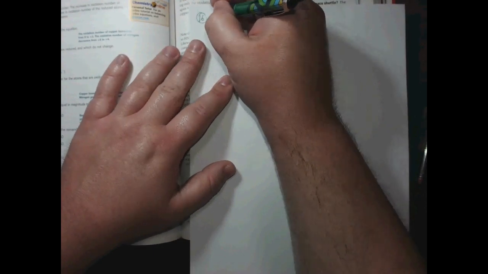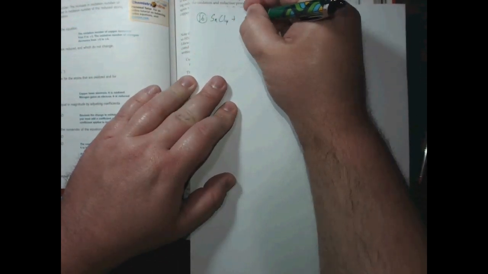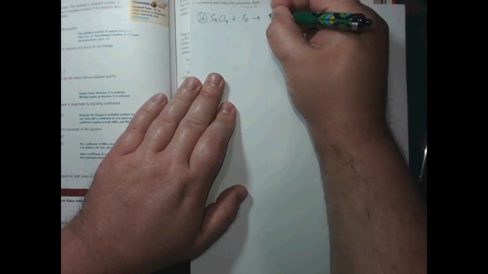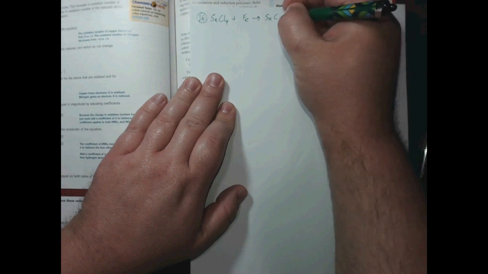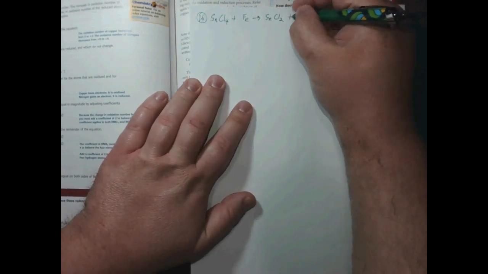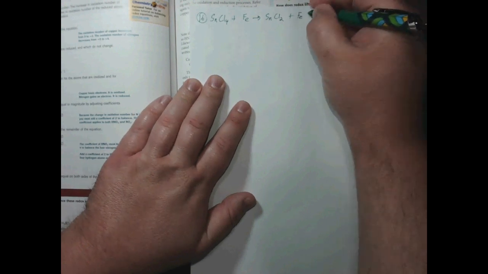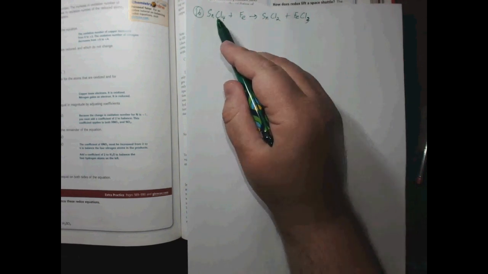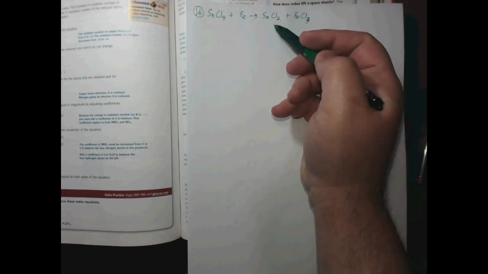Tin chloride, so SnCl4 plus Fe yields tin chloride plus FeCl3, excuse me. So, what's happening here? It's not balanced, we know that. What are the oxidation states?